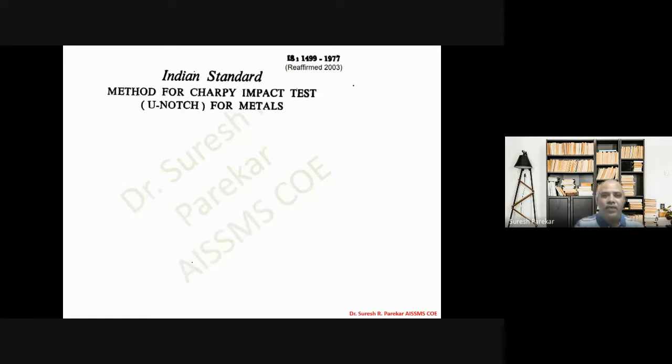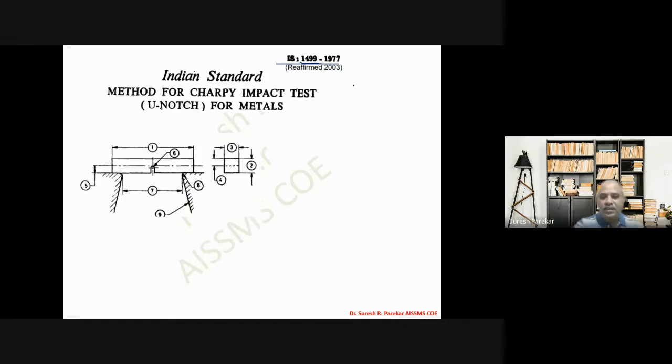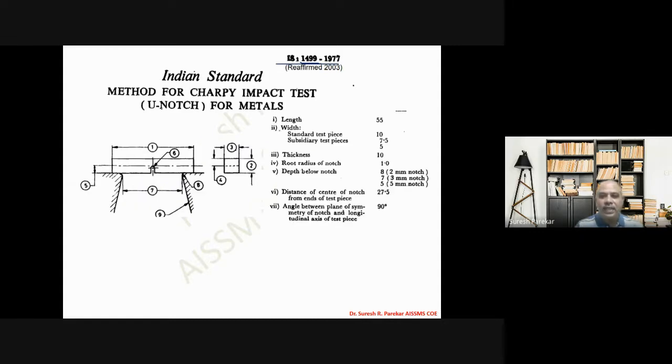Then if we go for Charpy, for the U notch we are going to use IS 1499-1977. You can see this specimen. The length is 55 millimeters, the width is 10, so this will be 10 by 10. Then the root radius of the notch is 1 millimeter.